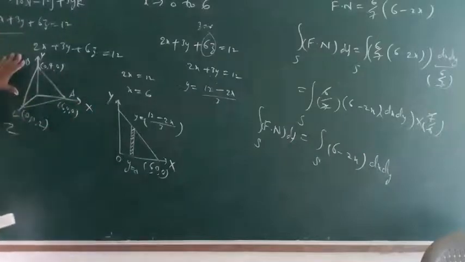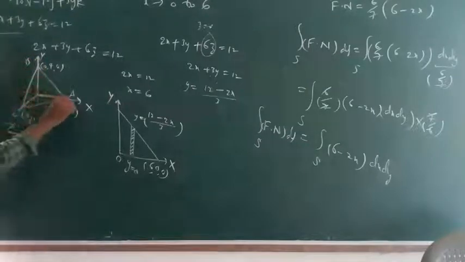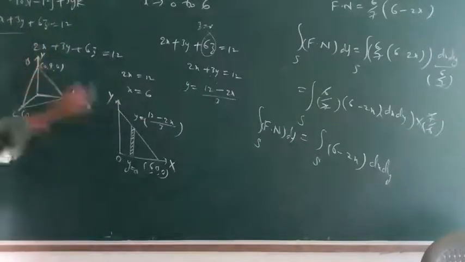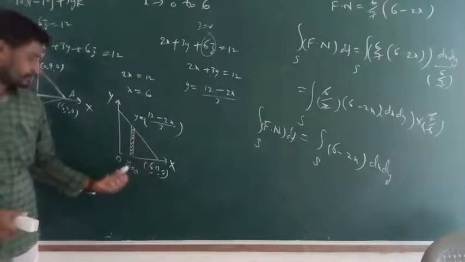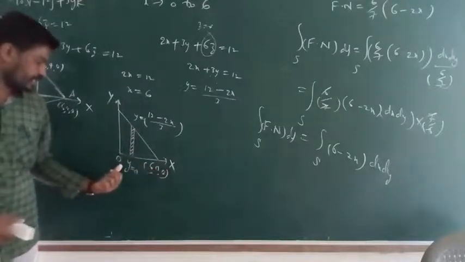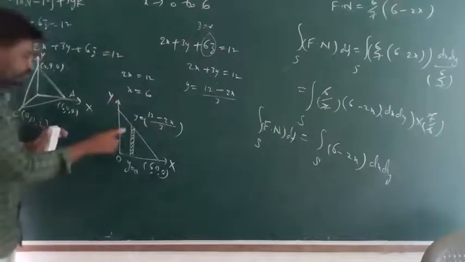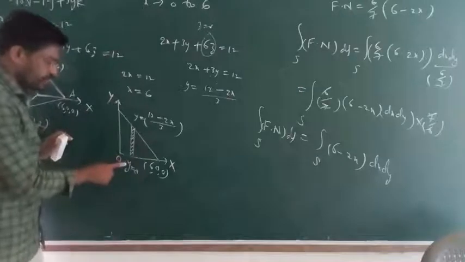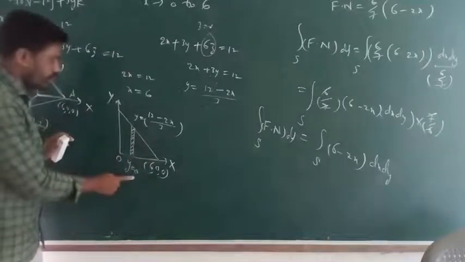First, this is a 3D diagram. You can draw the plane and next you can select this part, the reflection part. This is the reflection plot and limits. The x-axis goes directly from 0 to 6. The x limits are over. Next, for the y limits, you can select this one strip. This is the x-axis, where the y value is equal to 0.